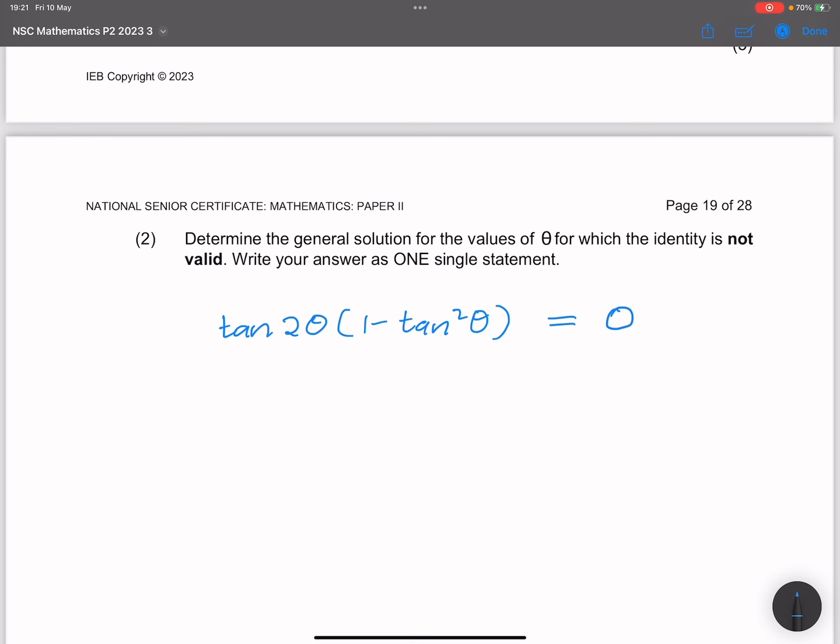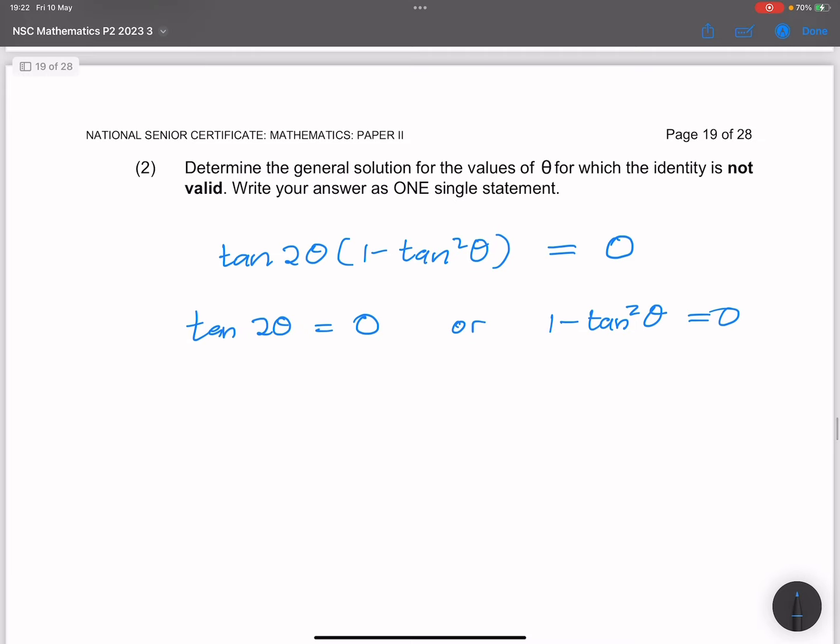But let's solve for when it is equal to 0 and then make that conclusion. So that means that tan of 2 theta equals 0, or 1 minus tan squared of theta equals 0. So it would not be valid when that is the case.